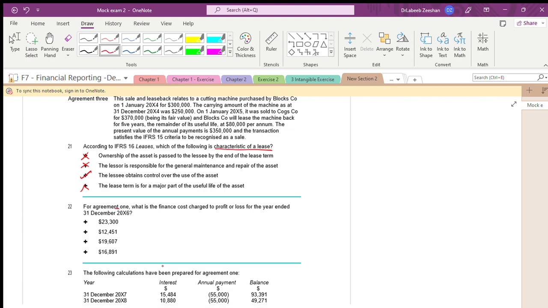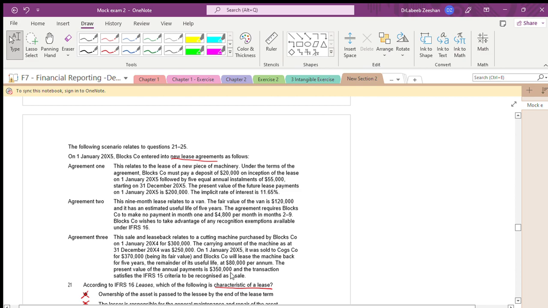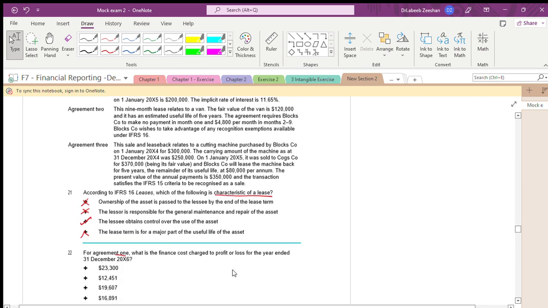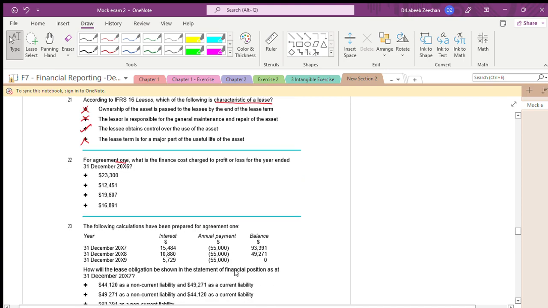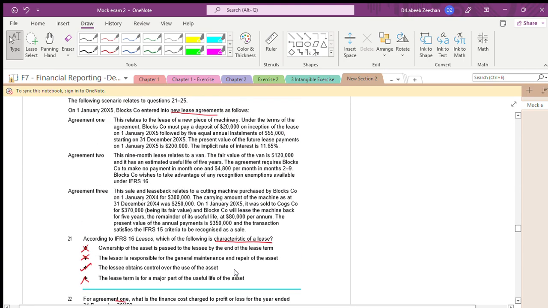For agreement 1, what is the finance cost charged to the profit and loss account for the year ended 31st December 2006? This relates to a lease of new plant and machinery.